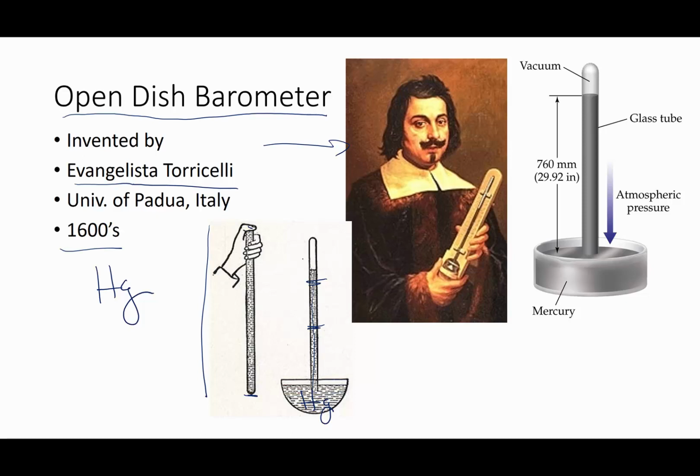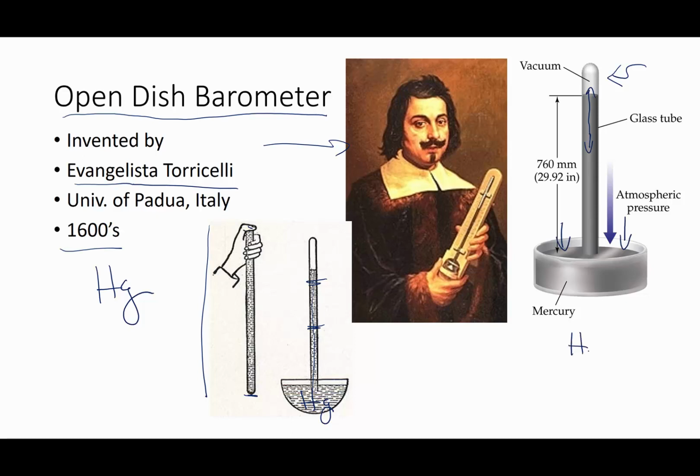When it sought its own level, it created a vacuum at the top. By creating a vacuum at the top of the tube, that produced no resistance for this mercury column to rise up or fall down. So what happened was this. Because this is an open dish, atmospheric pressure would push down on the dish of mercury.